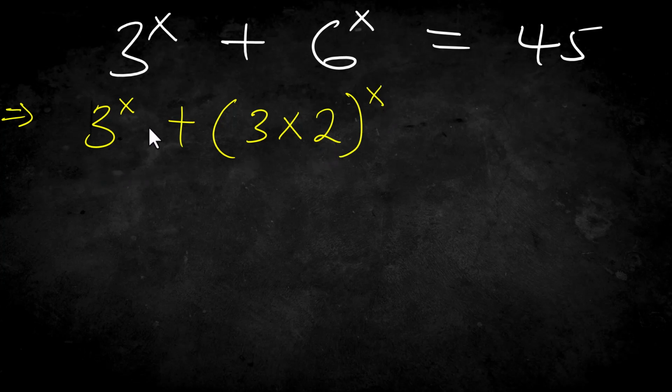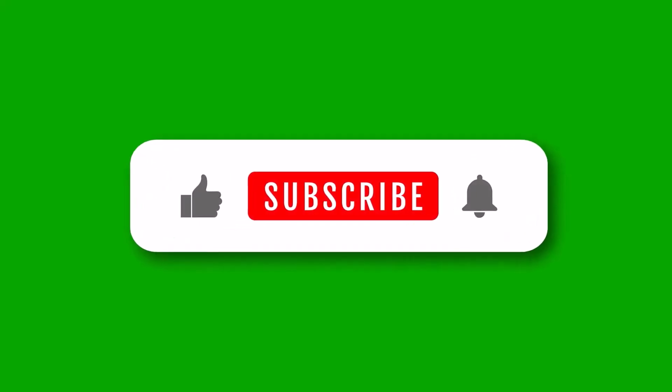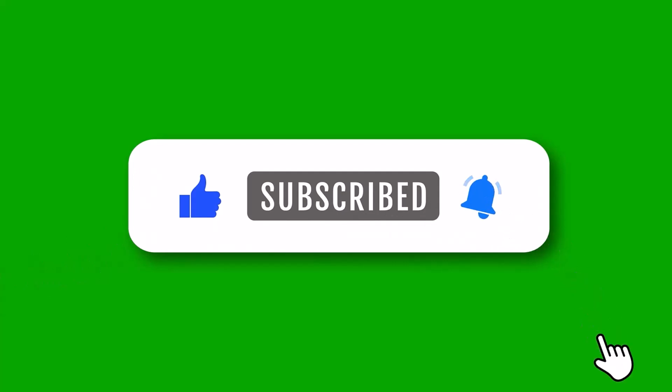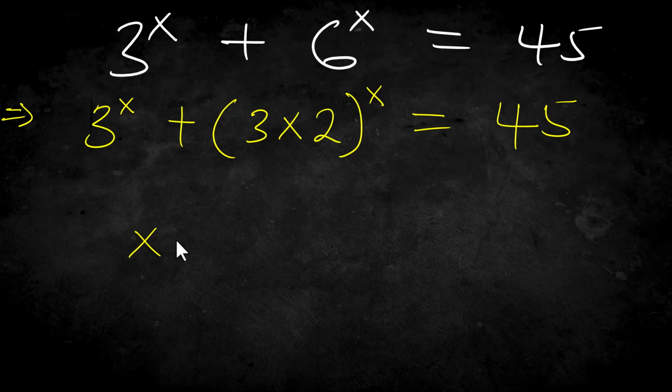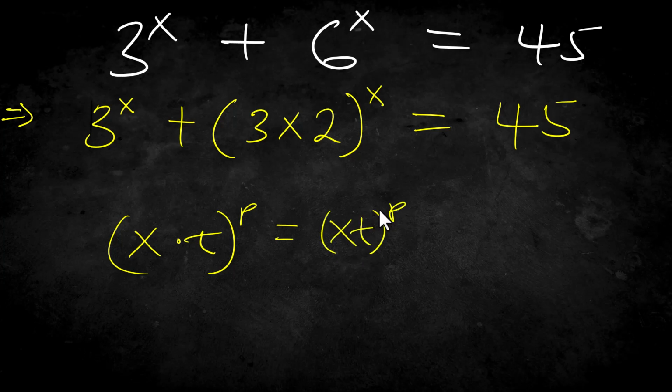Now the idea is that we have 3 raised to x, so we are doing this in order to take 3 raised to the power x out here, equals 45. Now when you are given x times t all raised to p, it is the same as x to the power p times t to the power p.